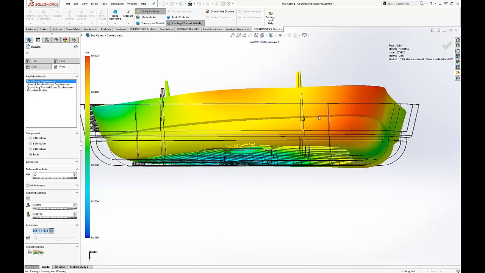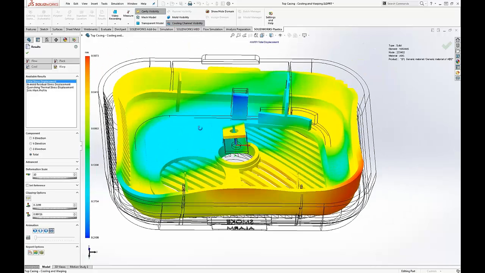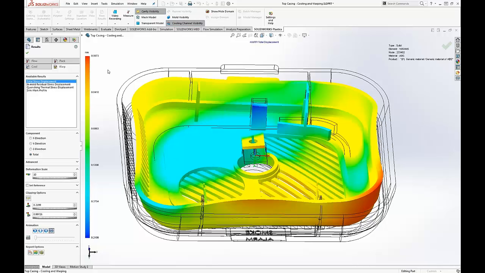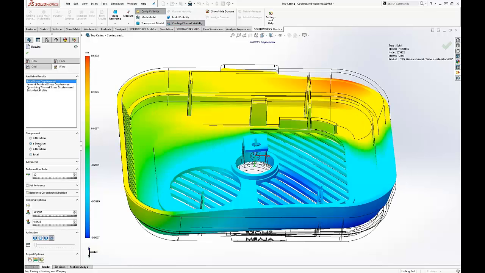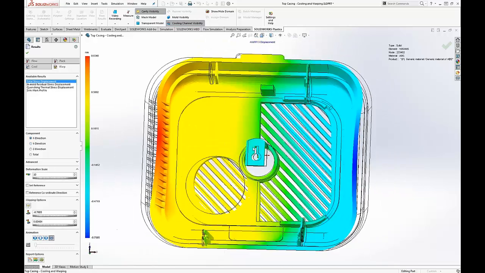So for example, this portion will rise up while this is going down. And also you can see the value. So we are here, about 1 millimeter of deformation. Okay. Also you can see, for example, in different directions. For example, I want to see only the X direction, only the shrinking in this direction.